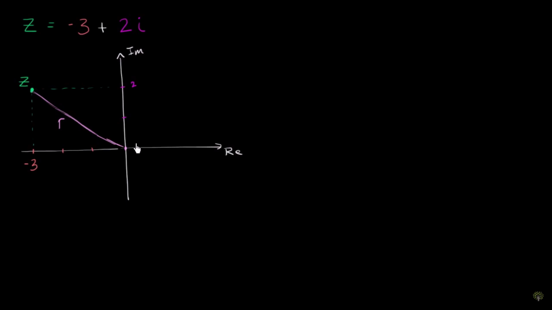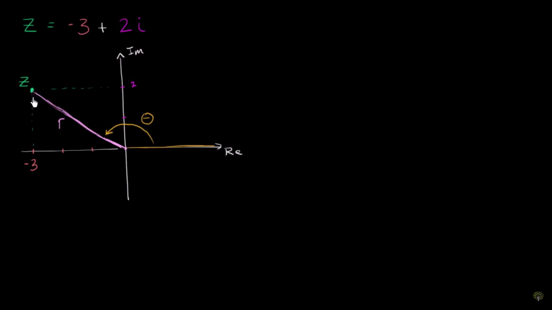You have to say in what direction you have to go a distance of r to get to z. To specify the direction, we will have this angle theta in radians, this angle between the positive real axis and the segment that connects the origin and z. So if someone gave you this angle and this distance, then you could get to z.